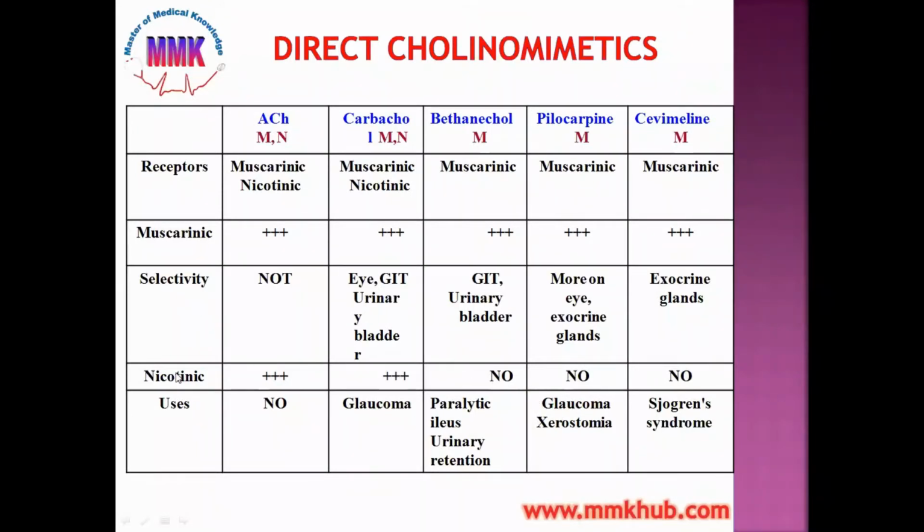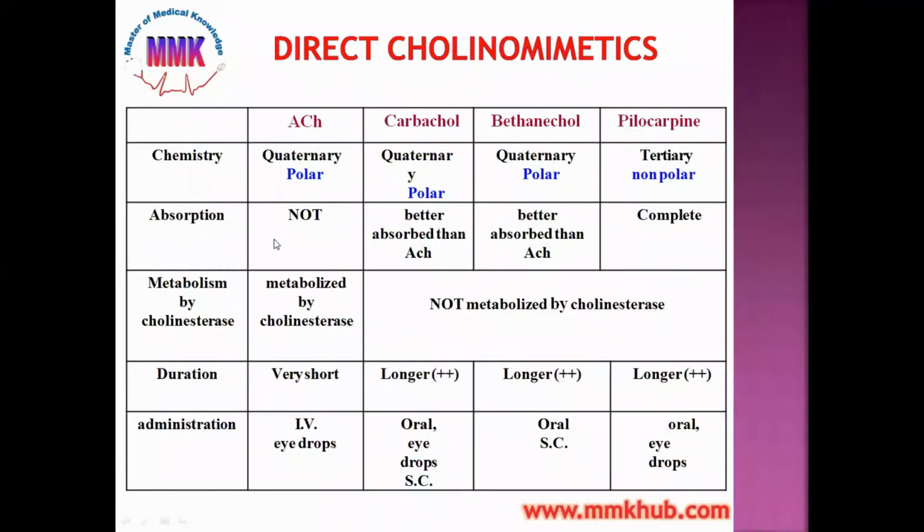So you can see over here in this section, in nicotinic, only acetylcholine and carbachol are working, but not the others. And as you know, all of them work on the muscarinic receptors, so all have muscarinic action. Selectivity, as I told you before: acetylcholine does not have selectivity.